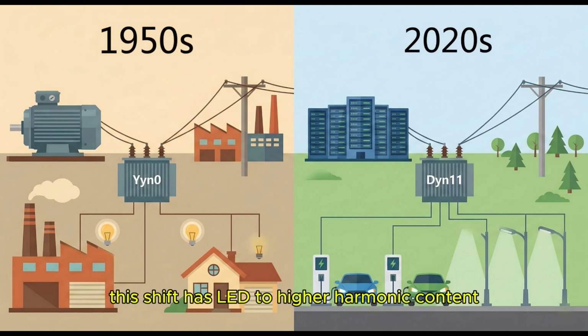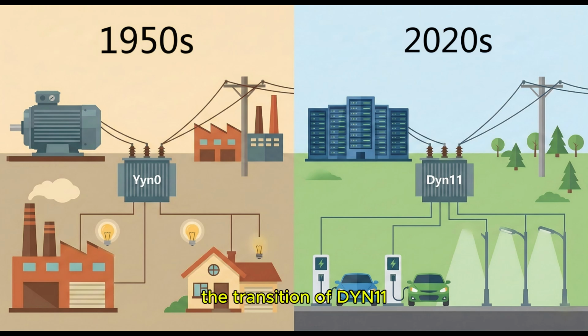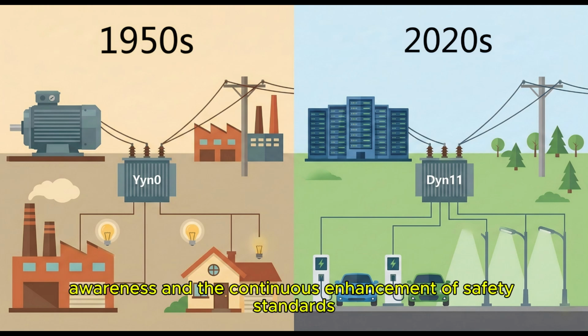This shift has led to higher harmonic content and stricter demands for system reliability. The superior characteristics of Dyn11 have naturally made it the mainstream connection in the industry. The transition to Dyn11 is essentially an inevitable result of our heightened power quality awareness and the continuous enhancement of safety standards.